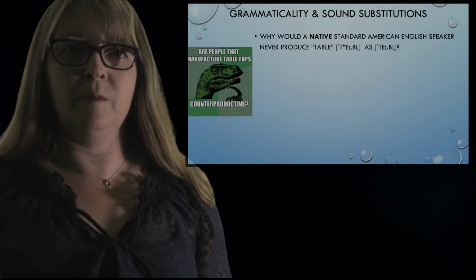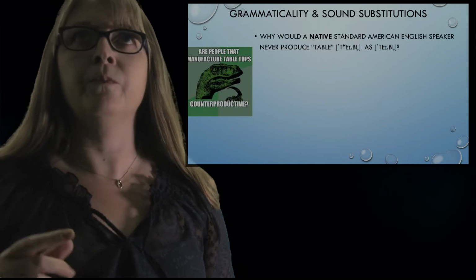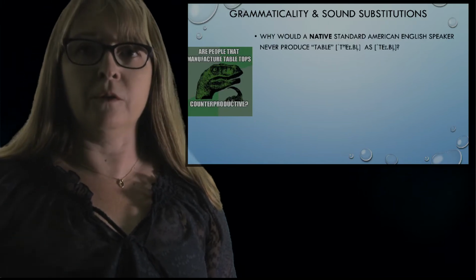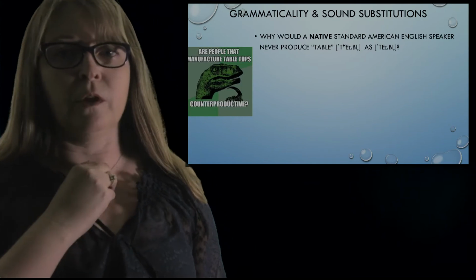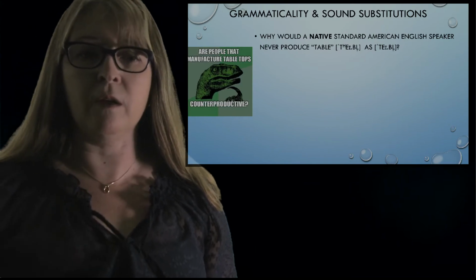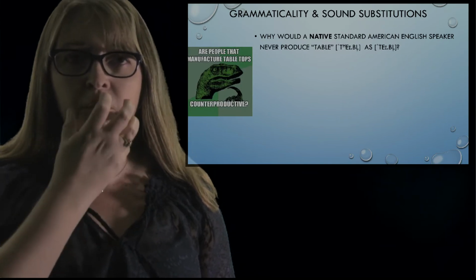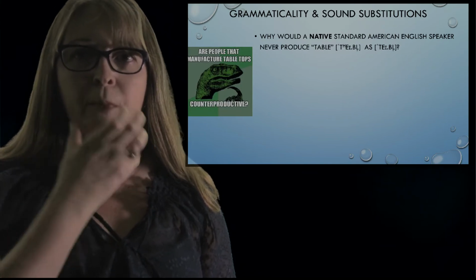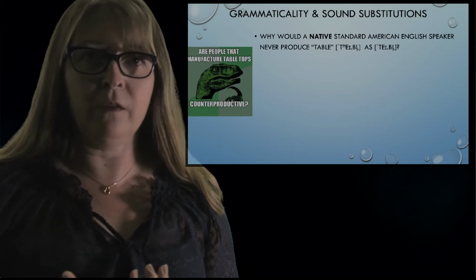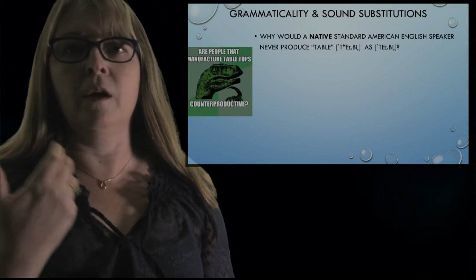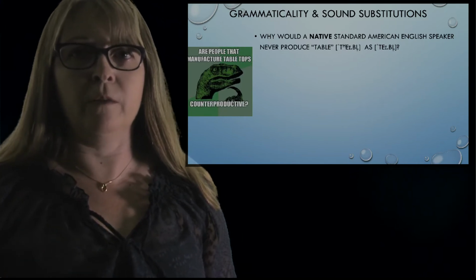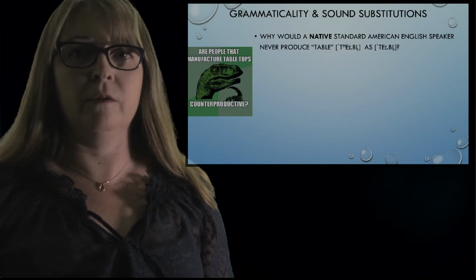Grammaticality and sound substitution. So if somebody is learning English or another language and wants to substitute one sound for the other because they cannot physically figure out how to move their mouth in order to make that sound, that's what we're talking about, people substituting sounds.